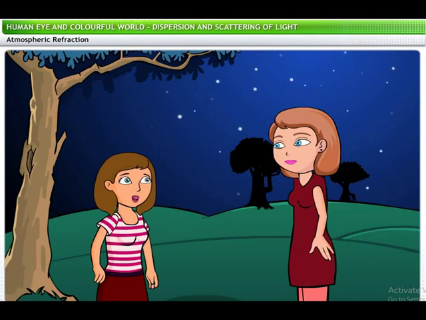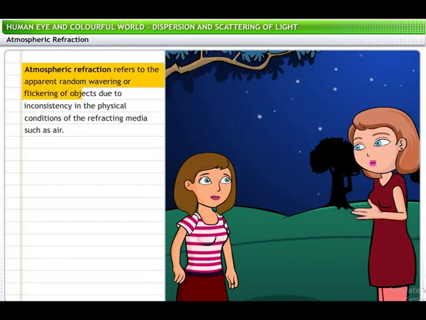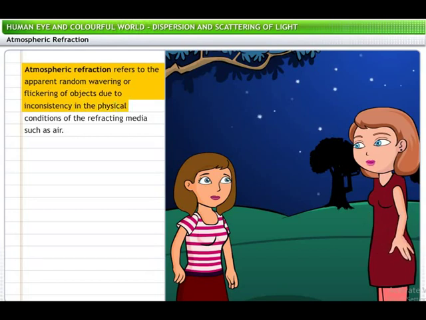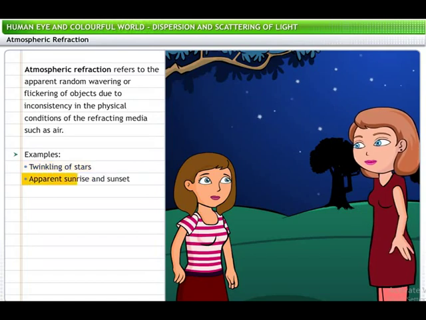Is refraction associated with twinkling of stars? Definitely. The twinkling of stars can be explained through atmospheric refraction. Atmospheric refraction refers to the apparent random wavering or flickering of objects due to inconsistency in the physical conditions of the refracting media, such as air. In fact, atmospheric refraction can explain twinkling of stars, as well as apparent sunrise and sunset.